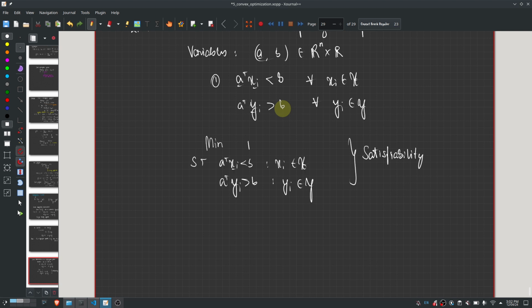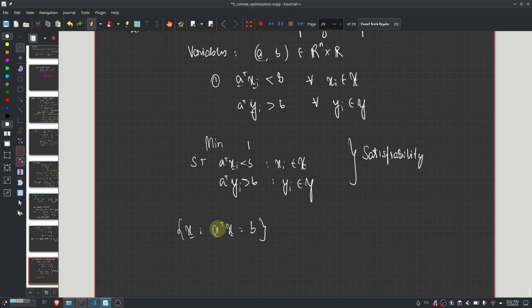In that special case, do there still exist infinitely many solutions for a comma b? Not parallel, but think about it, right? The hyperplane is described by the set of all points satisfying A transpose x equal to b, right?